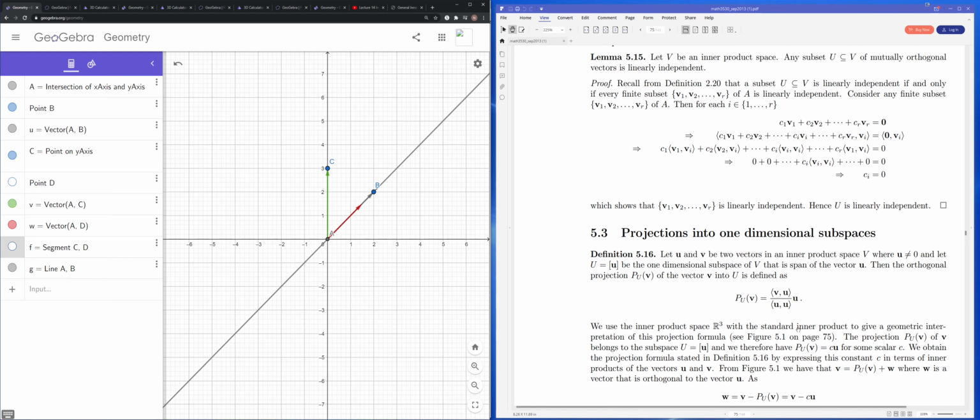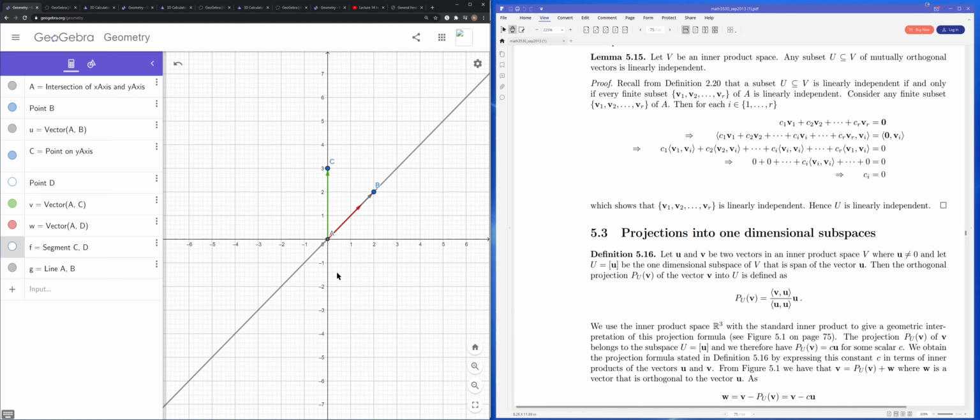And how you calculate your projection of v into the subspace spanned by vector u is using this projection formula, and notice your projection formula involves taking inner products.